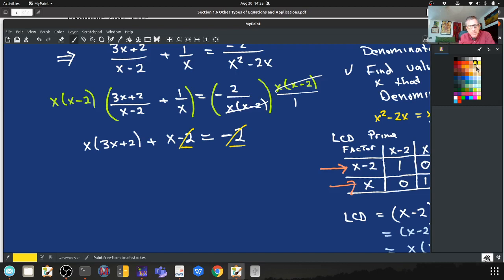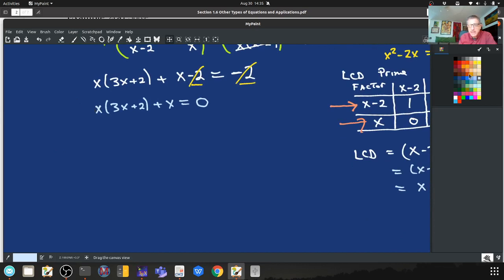And what am I going to have left? I'm going to have x times 3x plus 2 plus x is equal to 0. Remember, they become zeros. The 0 over here I have to write down. I don't have to write down the 0 here because when I'm adding these other two terms to it, they don't change. So now let's go ahead and solve this.